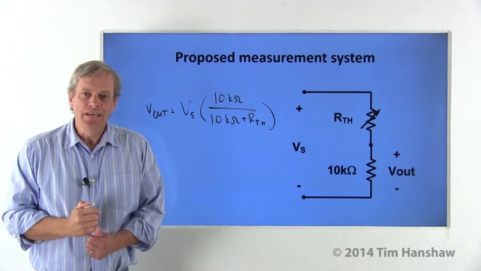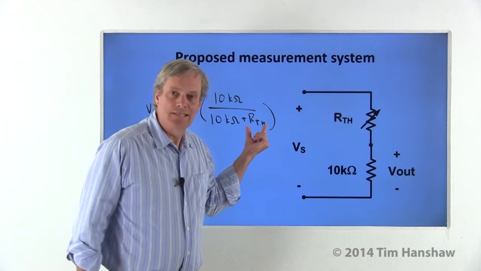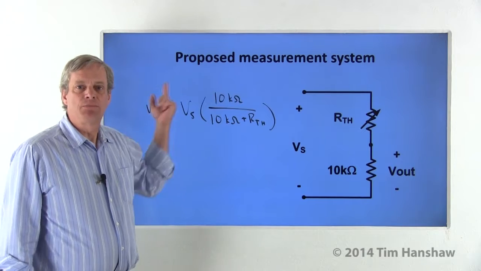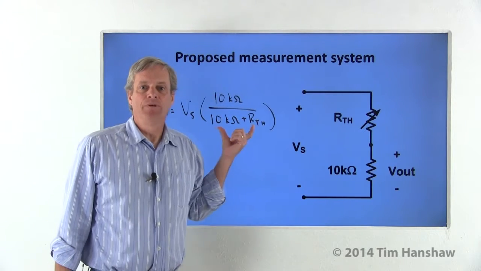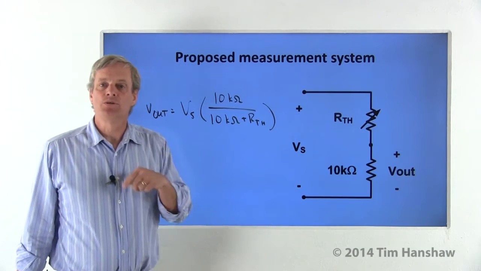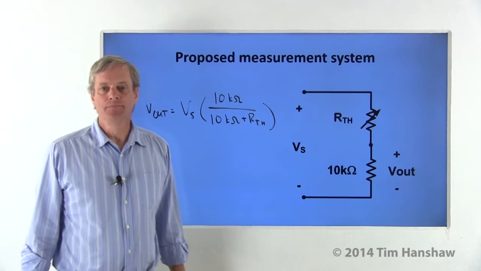So, as the temperature increases, the thermistor resistance decreases and the output voltage goes up. This relationship will probably not be linear, but you'll have to approximate it as a linear relation as best you can once you do your analysis and analyze the data.